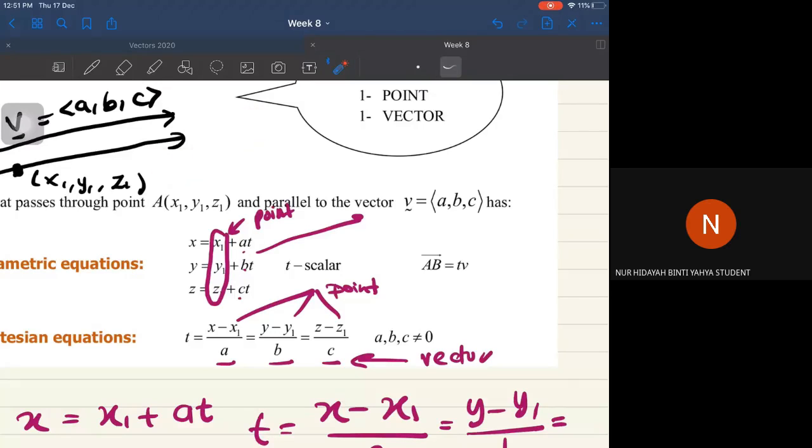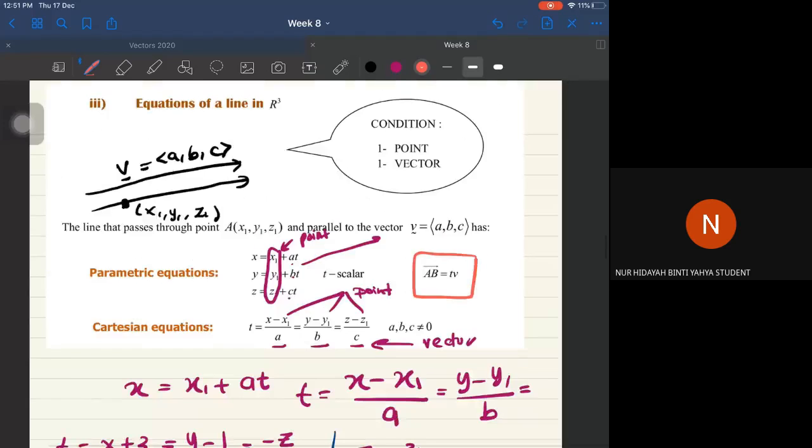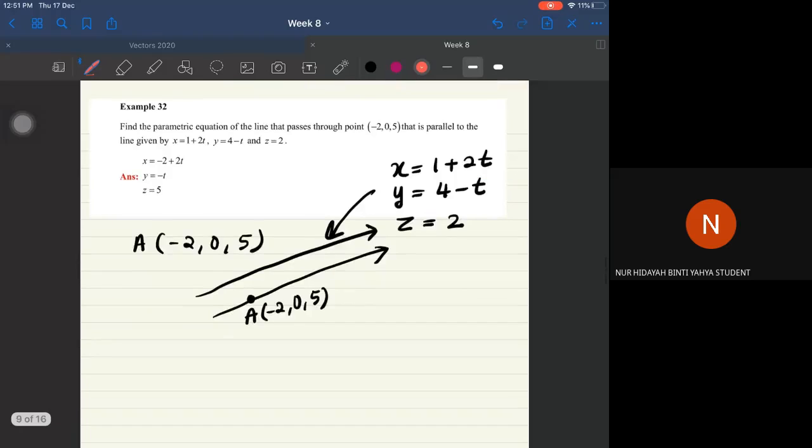Sebab tu ada ni kat sini, AB sama dengan tV. Okay. So along this line, kata ada point A kan. So let's say dekat sini ada lagi satu point. And you tak tahu point ni point apa. So saya namakan dia point B. So you tak tahu koordinat dia.